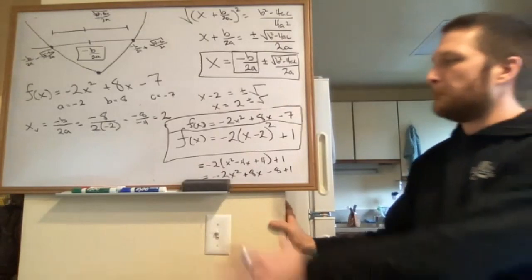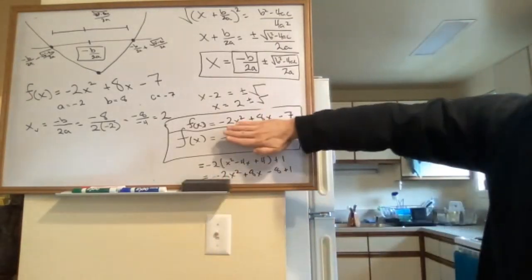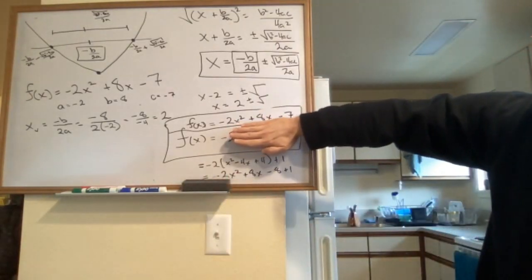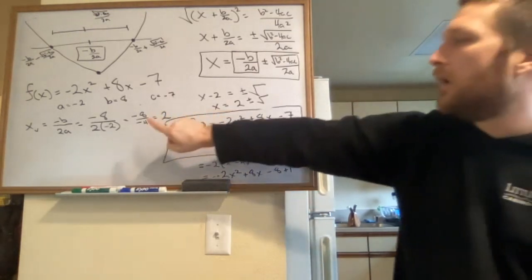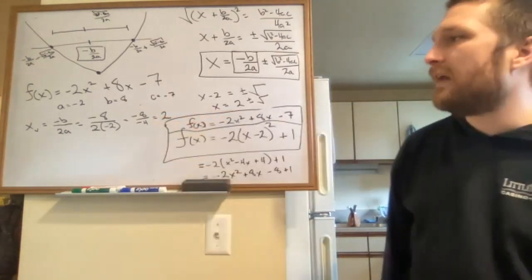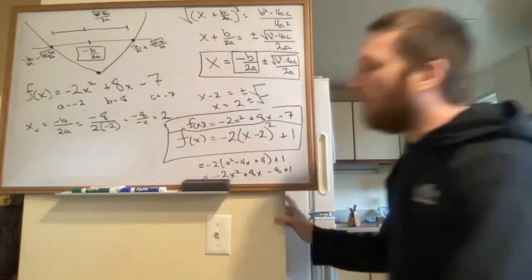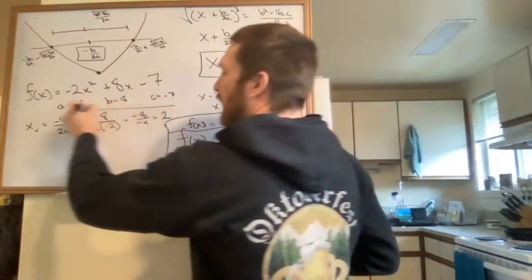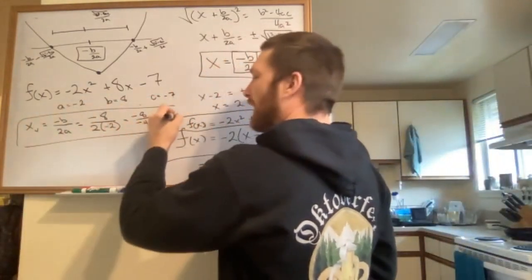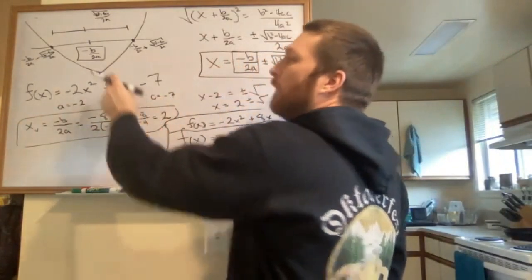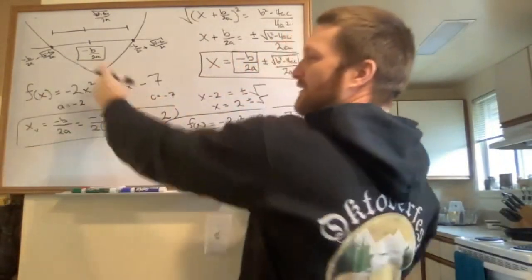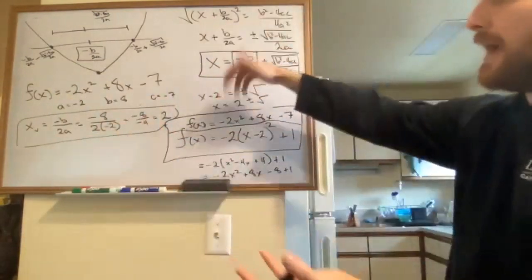But assuming we don't have this, how can we find the output value of that vertex? Well, we know that x is equal to positive 2, and we're just looking for the output value. This is just a function. This is just some parabola.